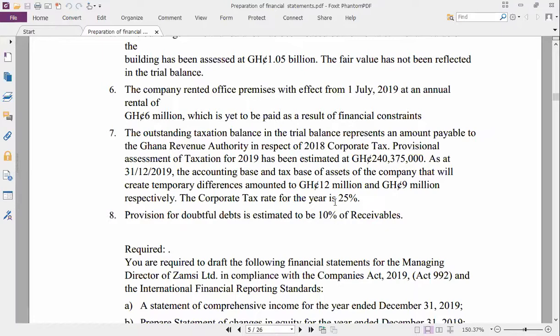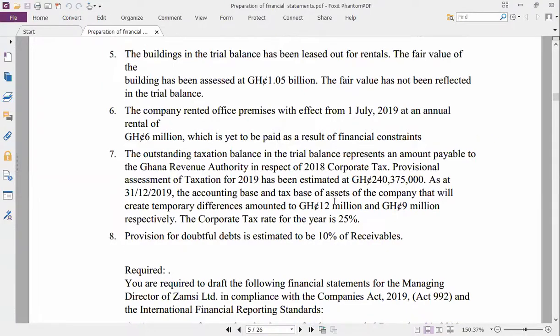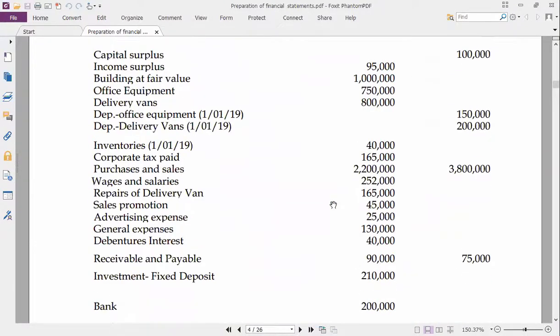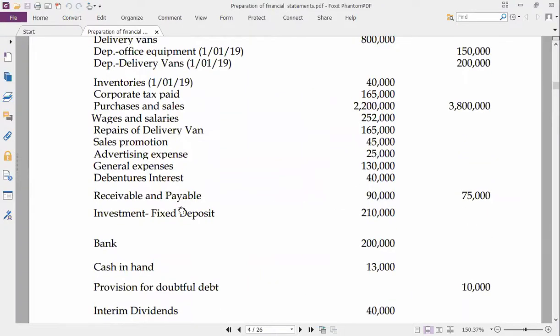So we have to find the trade receivable. So let's go up. Trade receivable is the first one. So that's 90,000. And then 10% is for a provision. So what do we do?